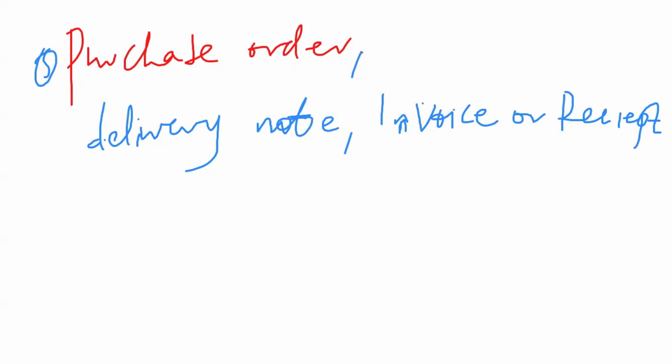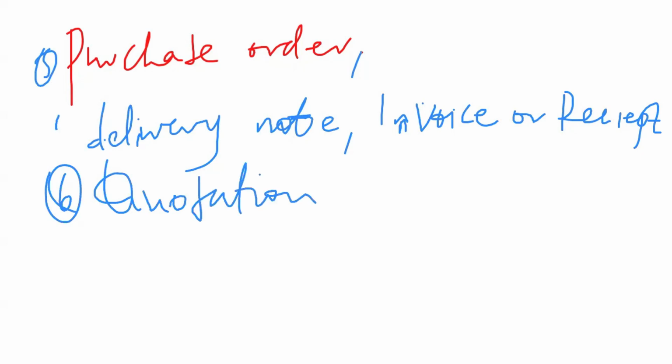So we said in the process, number 6 was the quotation. It is the document that we receive from the different suppliers, from which a qualified supplier is selected. This we basically use when we are screening suppliers.